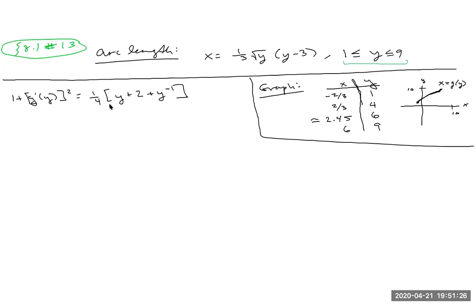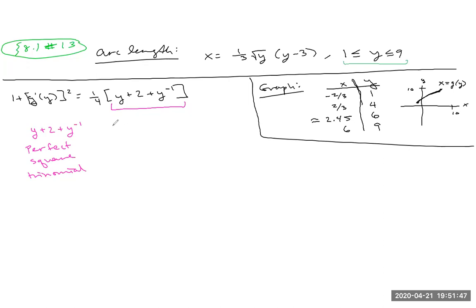but you might have forgotten. It's kind of an algebra thing. Right here, this part, y plus 2 plus y to the negative 1 is actually a perfect square trinomial. Okay.